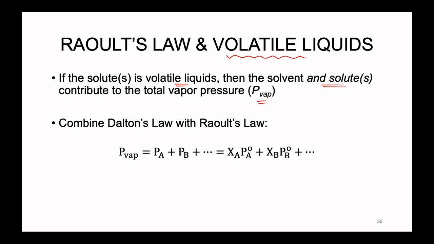So how we approach this type of problem, if multiple solutes are volatile along with the solvent, is we can actually just combine Dalton's law with Raoult's law, which is the equation that we can see down below. Because the particles that exist above a solution in gaseous form are gases, let's see, here's my container, here's my liquid.